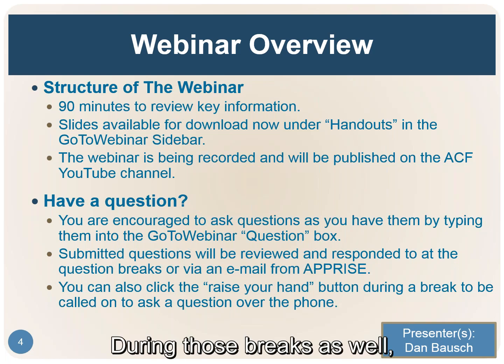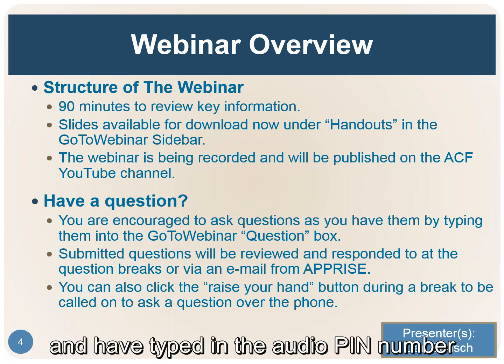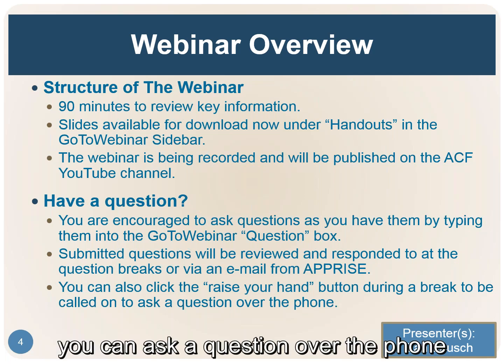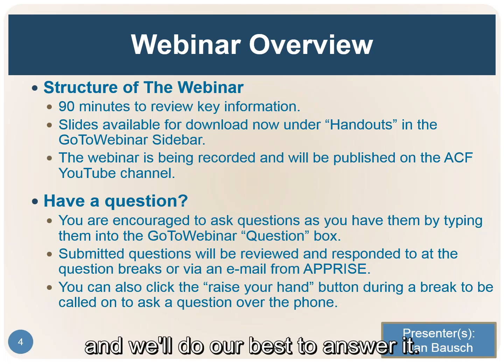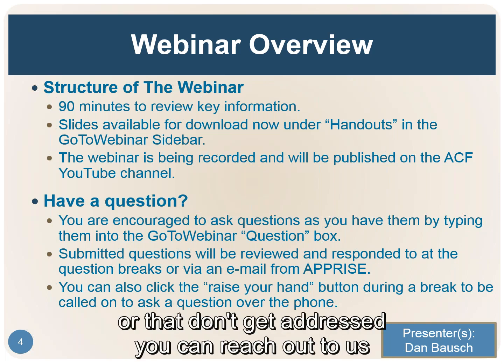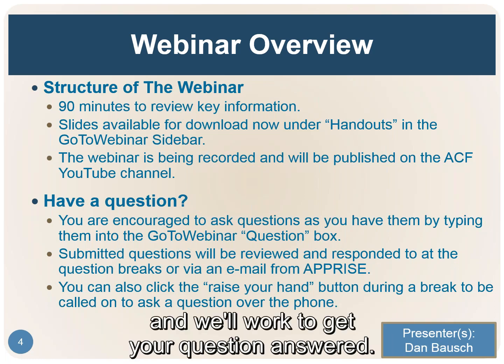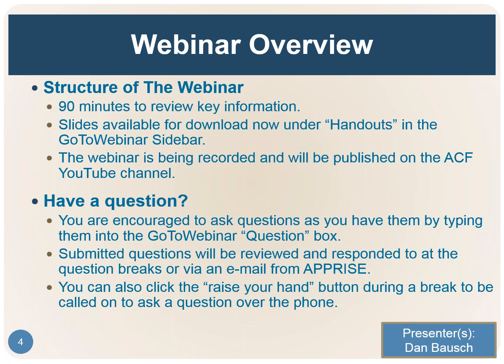And during those breaks as well, if you're connected by a phone and have typed in the audio PIN number, you can ask a question over the phone, and we'll do our best to answer it. And as always, if you have any questions that you think of later or that don't get addressed, you can reach out to us at Apprise or reach out to your liaison, and we'll work to get your question answered.